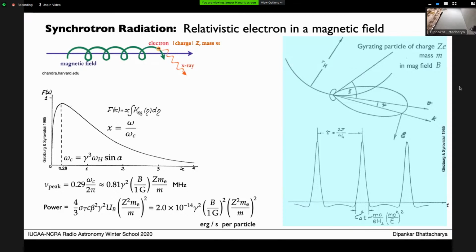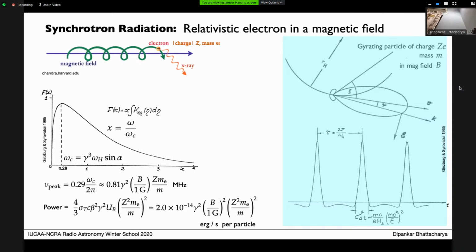The power radiated by an electron is proportional to the square of the Lorentz factor as well. So the expression at the bottom line shows you the power, which is 4/3 times sigma_T, the Thomson cross section, which is a fundamental constant, times c, which is again a fundamental constant. Beta is the speed of the electron in units of speed of light.